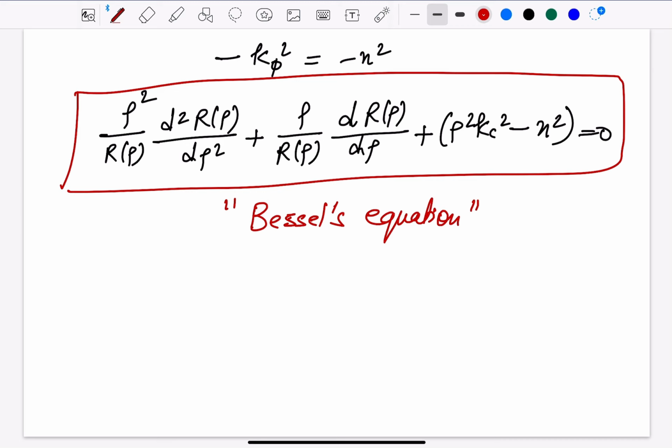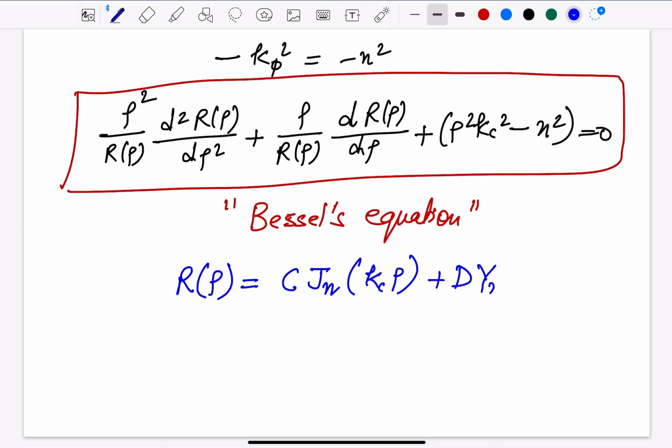So the general solution of this Bessel equation could be expressed like this: R, the function of rho, is c times Jn of kc rho plus d times Yn of kc rho.